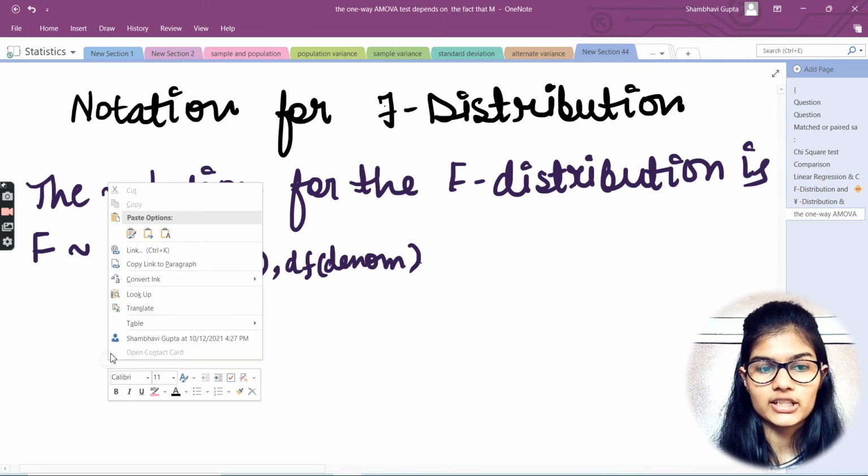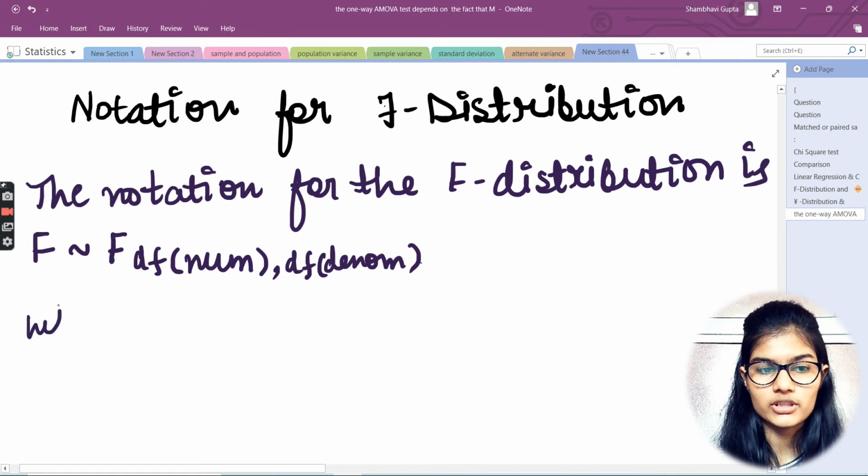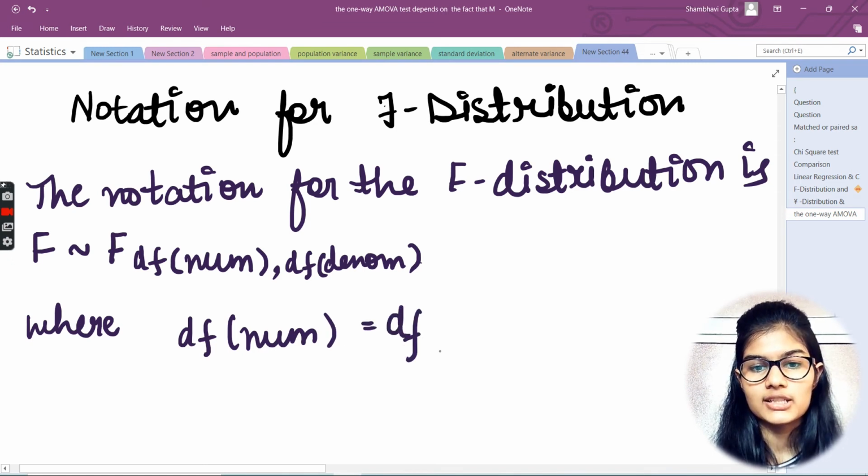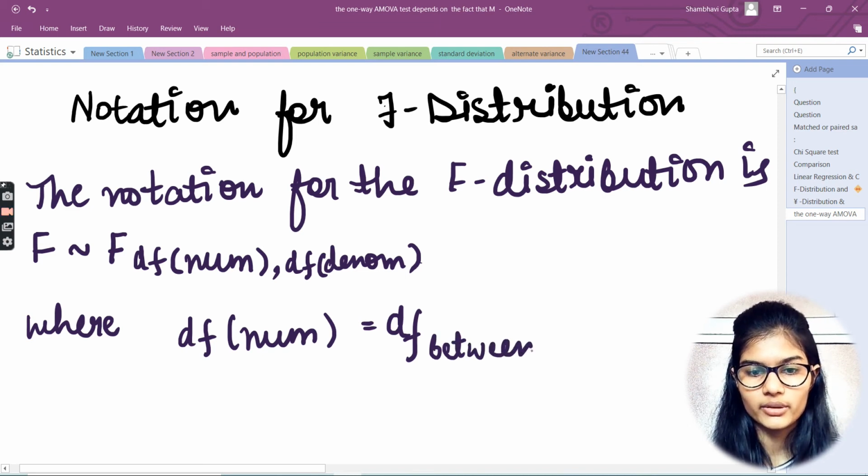So let's start writing here, where df num, the degree of freedom numerator, is equal to df between. And what about the denominator?